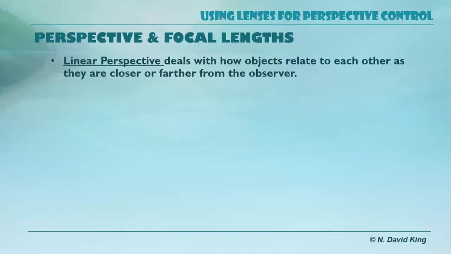Linear perspective is a topic that deals with how objects relate to each other as they're closer or farther from the observer. It's pretty common if you've been through any kind of art class in high school, junior high, probably even in grade school. They talked about perspective, and you got to see 1-point, 2-point perspective, and you got to draw it and do all of those things.